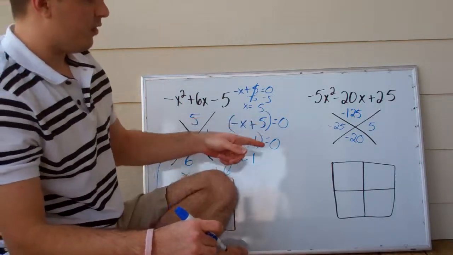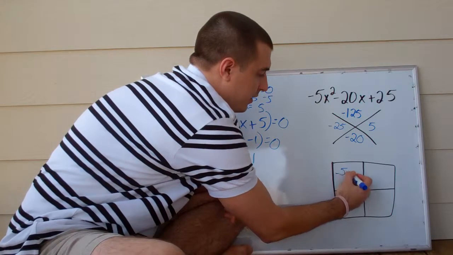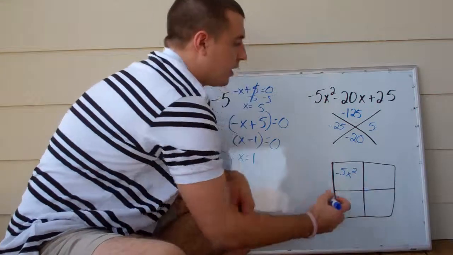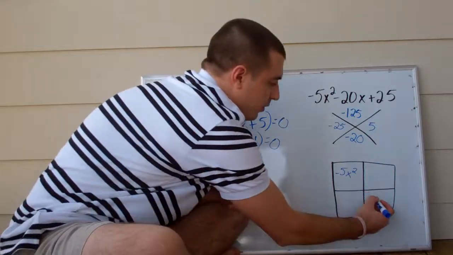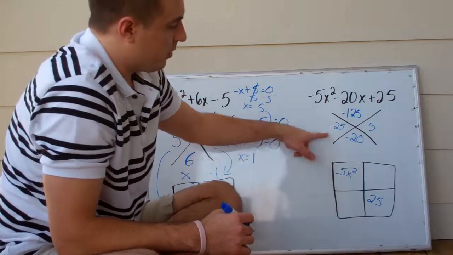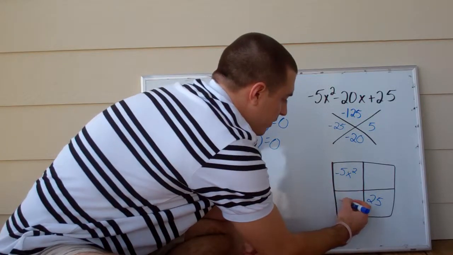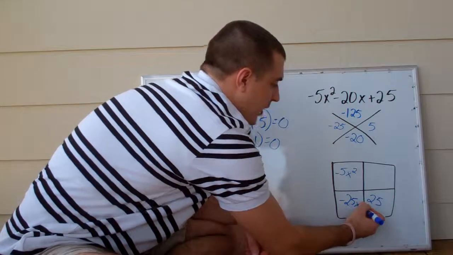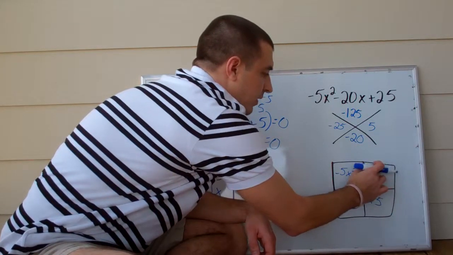Alright, so now, remember, a goes in this box, negative 5x squared. Down here, we have c, which is just positive 25. And then bring our b's on either side right here. So negative 25x and positive 5x.